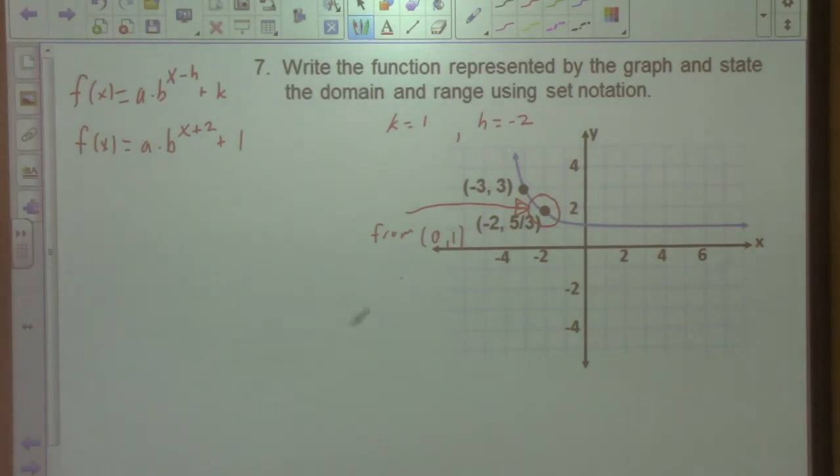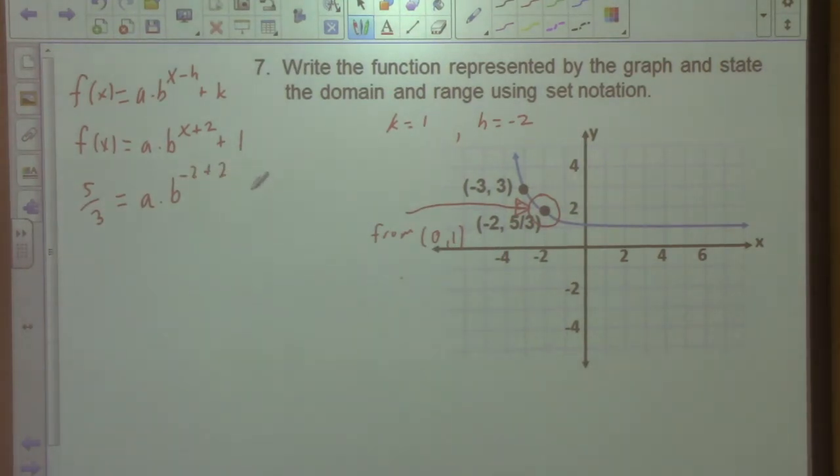So what's the next step we're going to make on this? Plug in some numbers, exactly. So we're going to plug in this one right here. And so we're going to have 5/3 is equal to a times b to the x, which is -2, thank you, plus 2.